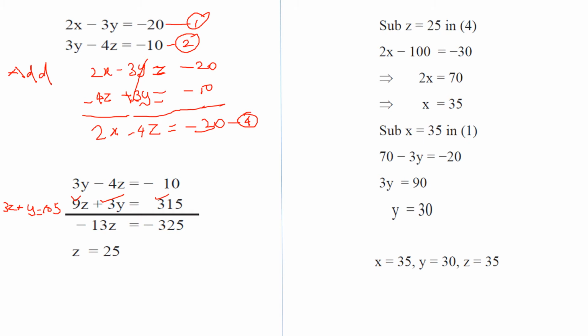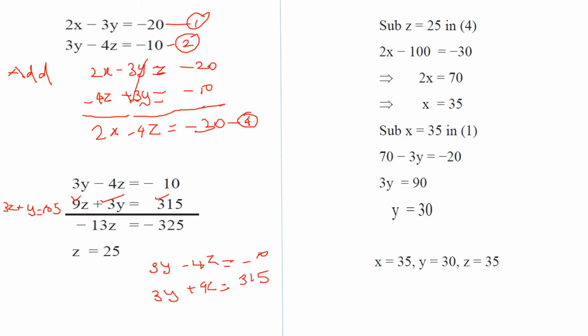So here I am subtracting these two equations. So first, 3y minus 4z equal to minus 10. For cancellation purpose I am writing 3y plus 9z equal to 315.